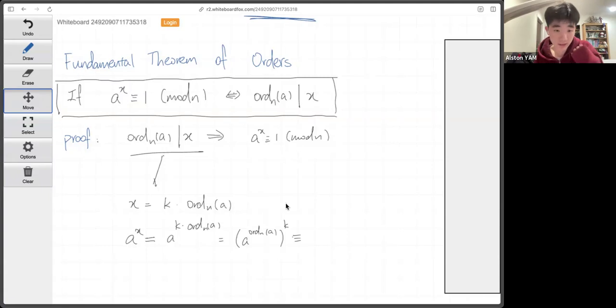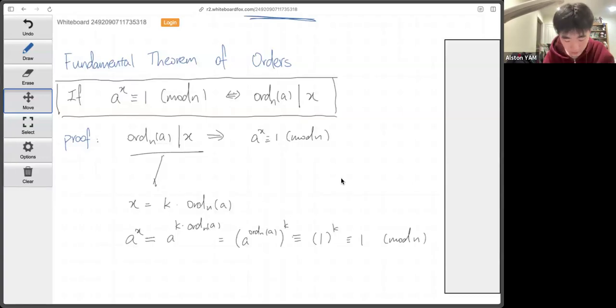By the definition of the order of A, we know that A to this power must be 1, because that's the definition of the order. So that must be congruent to 1 to the k, and that is just 1 under mod n.